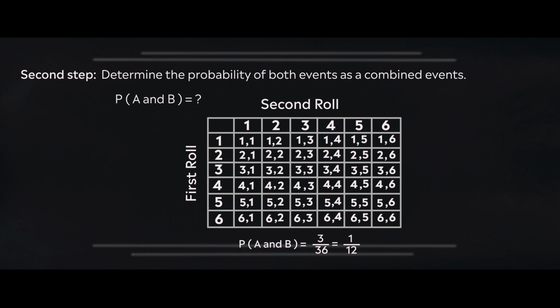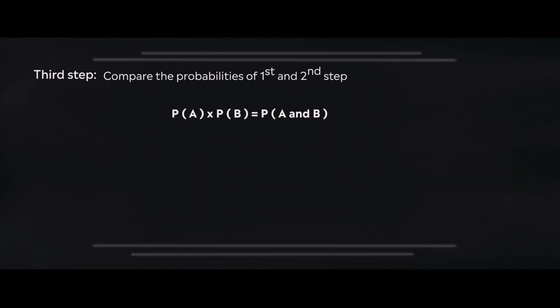So this is the second step. Now in the third step, we compare the probability results in step 1 and step 2, the probability of A and B happening as a combined event.